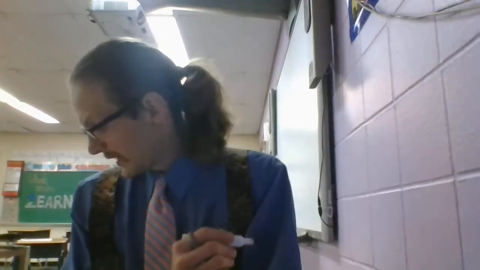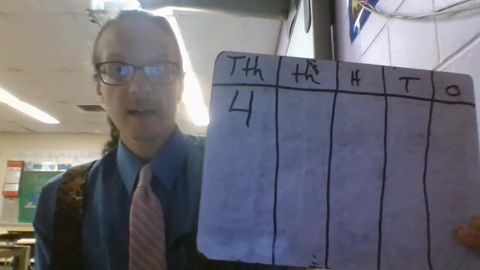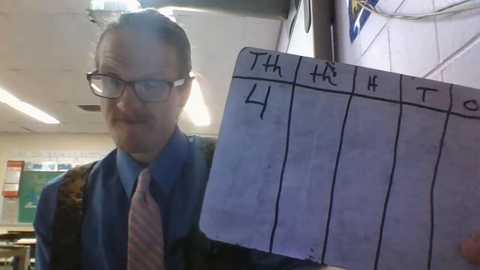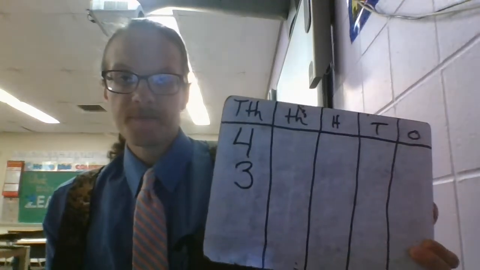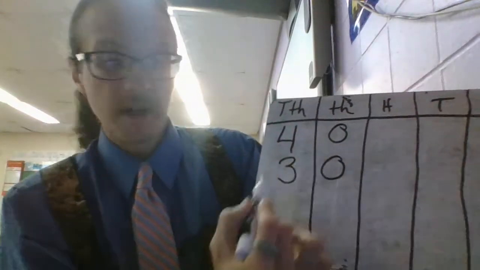Towards the top in the 10,000s, you're going to have a 4. Now look, does yours take up the same amount of room as mine? All right. And below that, a 3. You're going to have, in the thousands, 2 zeros. So it looks like 40 and 30.